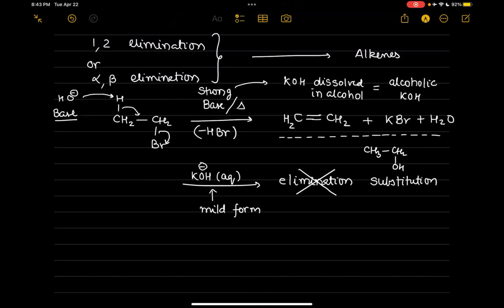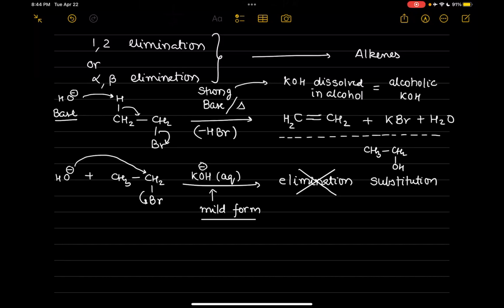In the second reaction, the OH minus is acting as a mild reagent because you have mixed it into water, and it is causing substitution by doing SN2 reaction. Is it clear? So aqueous KOH is the mild form that will replace Br by OH. Can you remember that?